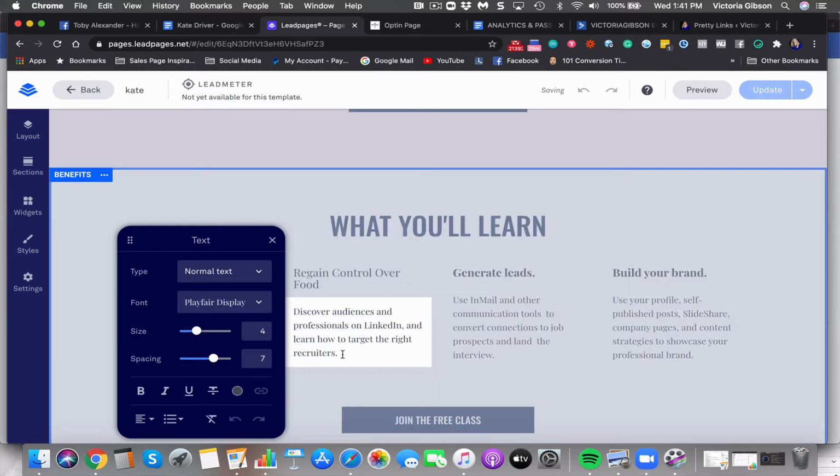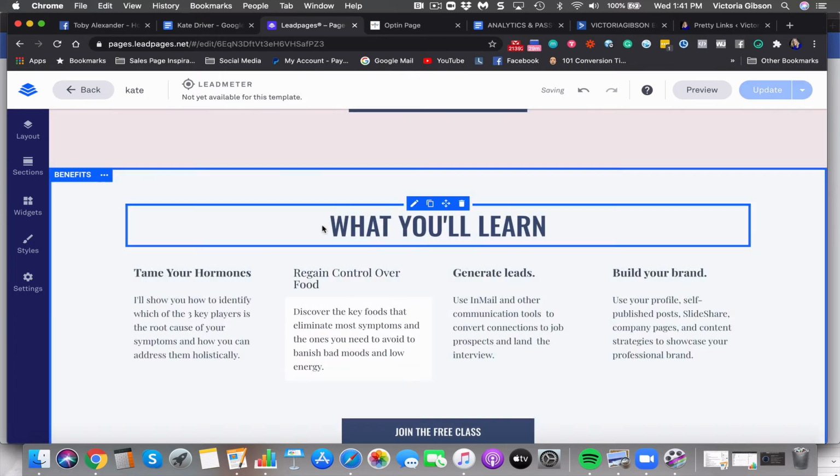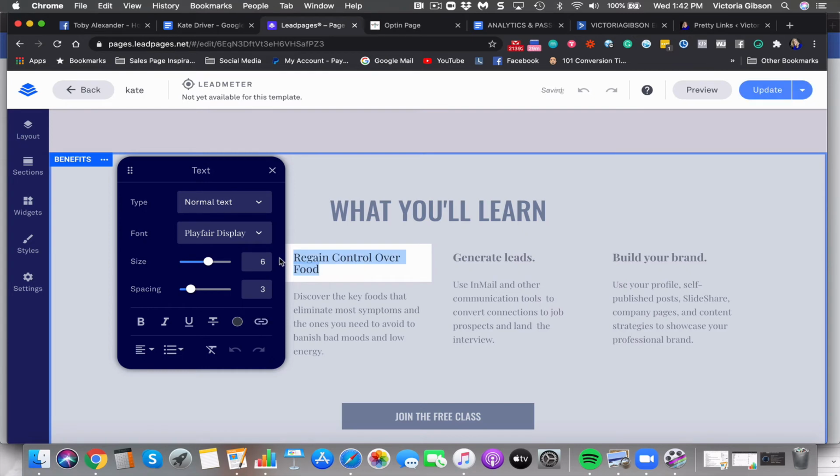I'll show you, discover the key foods that eliminate most symptoms and the ones you need to avoid to banish bad moods and low energy. Okay, and then that needs to be bold, I think. It doesn't really matter, but you can see how easy you can just sort of format things.